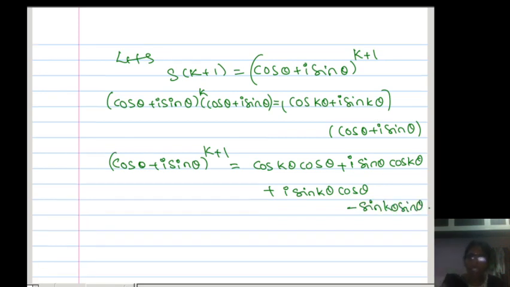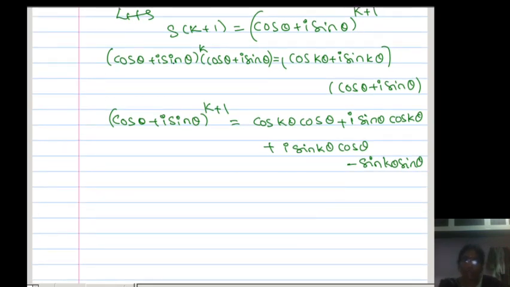This is the multiplication on both sides of S of k by cos theta plus i sin theta. If you simplify, the LHS is (cos theta plus i sin theta) whole power k plus 1. What is the RHS? Let us see.